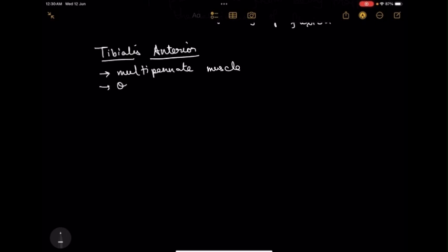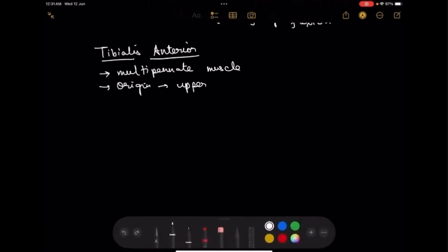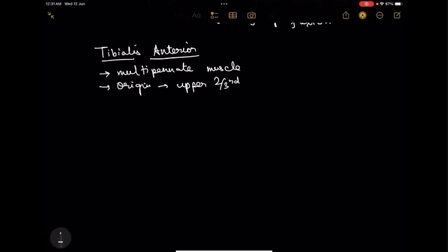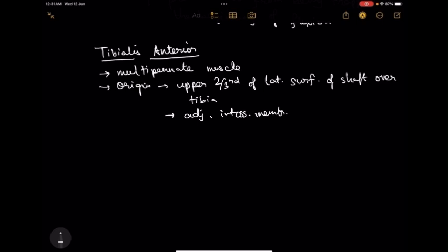Continuing, origin: upper 2/3 of lateral surface of shaft of tibia, adjoining interosseous membrane and overlying deep fascia.